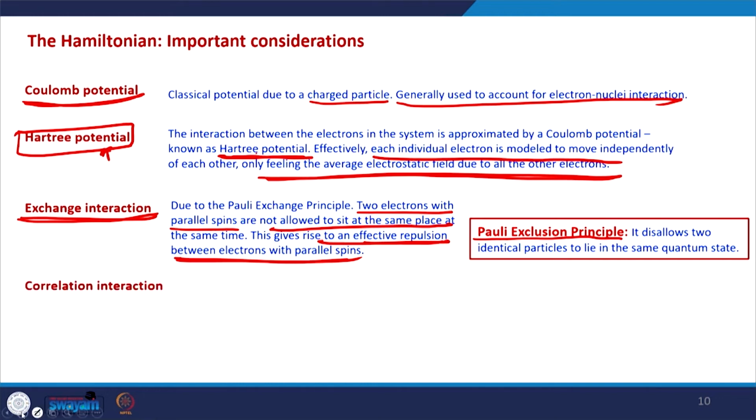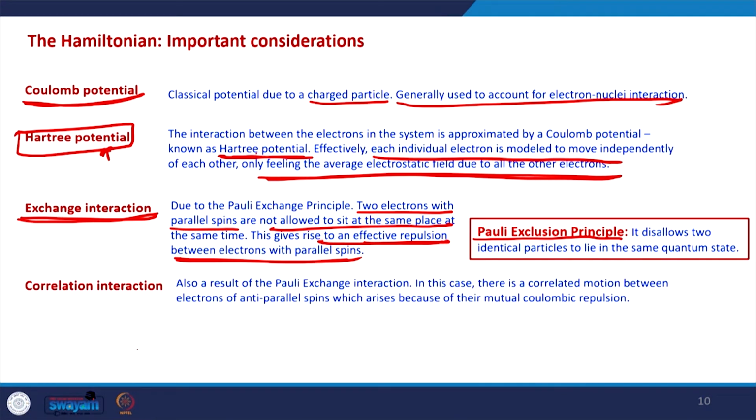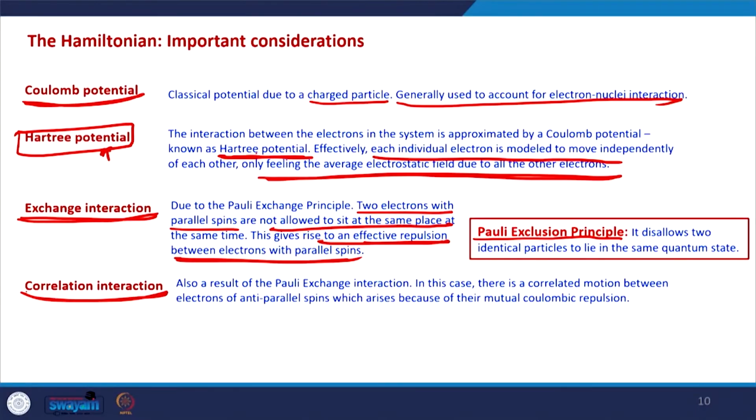In a similar way, there is this correlation interaction, because according to Pauli's exclusion principle, two electrons of opposite spin can be at the same place, but when they try to come to the same place, there will be an electrostatic repulsion. So they cannot exactly be at the same place, but there is a sort of correlation between the opposite spins. That is purely of quantum mechanical origin, and that is modeled by the correlation interaction. So the Coulomb potential is the interaction between electrons and nuclei.